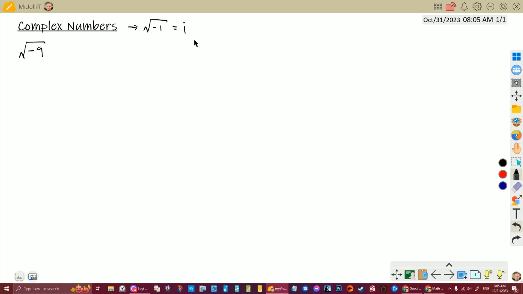And so we called numbers that are related to the square root of -1 imaginary numbers, and we represent the square root of -1 with the letter i. So for any square root, like the square root of -9, that has a negative number in the radicand, we can separate that into two chunks.